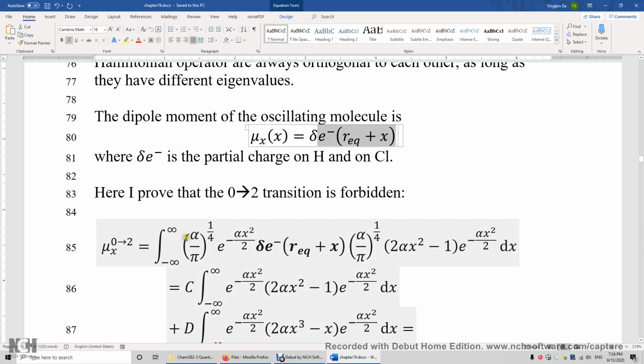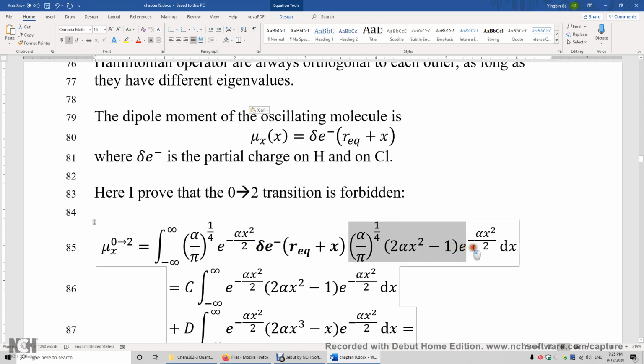We have the eigenfunctions, wave functions. Now I'm going to prove this 0 to 2 transition is forbidden. How do we do that? Again, we evaluate this transition dipole moment from 0 to 2. Over here, the quantum number changes from 0 to 2. This is the initial wave function.